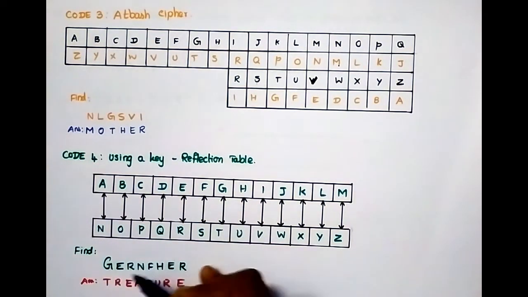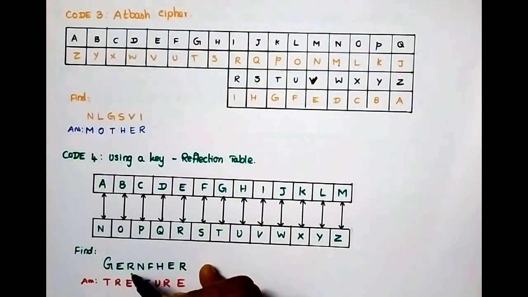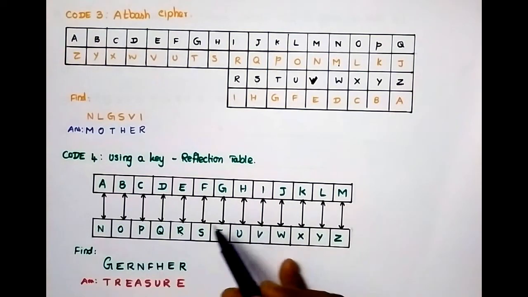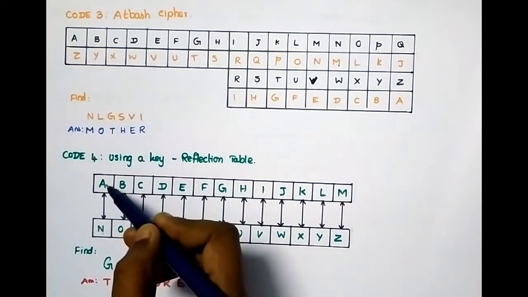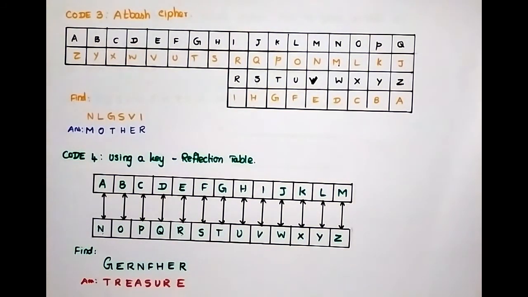G denotes T. E denotes R. R denotes E. And then N. N is here, so N denotes A. F denotes S. And H denotes U. E denotes R. R denotes E. That is the reflection table. We get the word treasure.